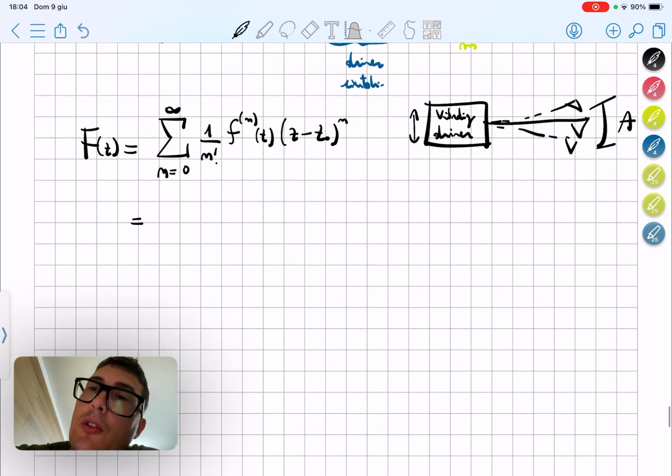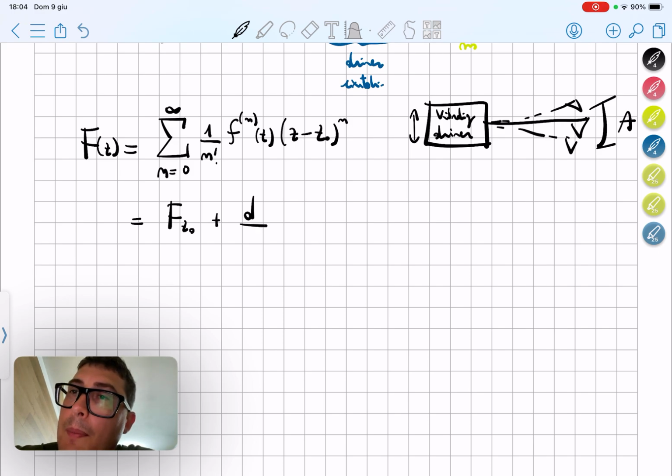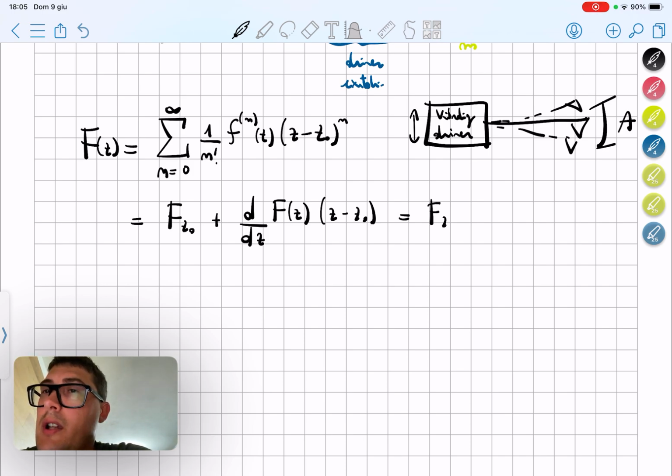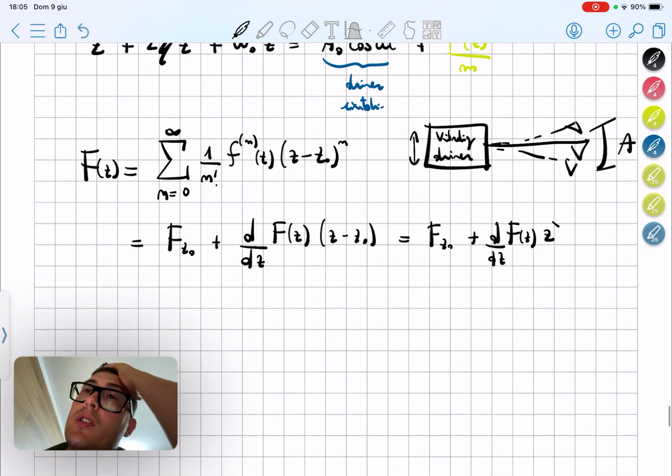So we need to Taylor expand, and we have, let's say, F of z0 plus, we truncate it to the first order, so this is F prime of z times (z minus z naught), which we can rewrite as the gradient of the force times z prime.